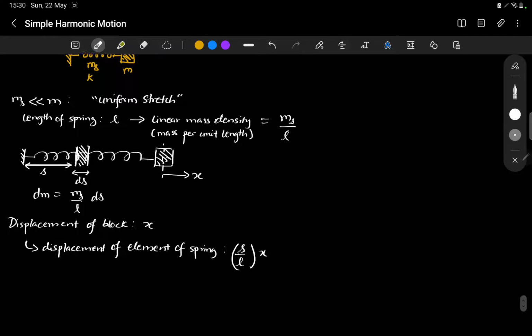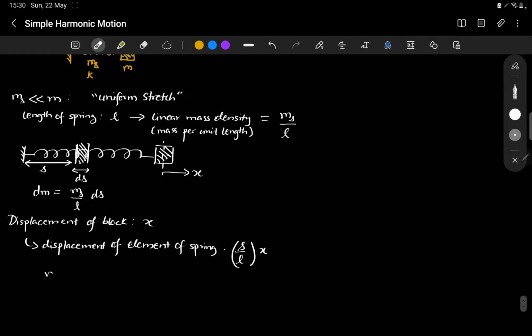Now the velocity of the particular element in consideration will be simply the rate of change of displacement with time. So s and L are constants, so it will be s over L times dx over dt.